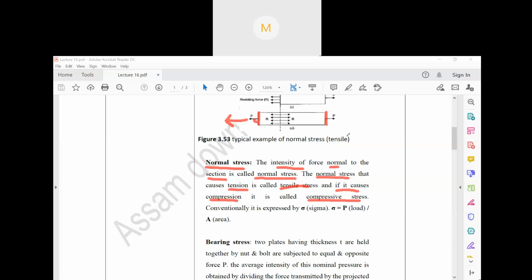Now, as for example here, what happens in this figure, the above figure, number D 3.53? Here it is in an outward direction. That means you are giving it a pull, not a push.